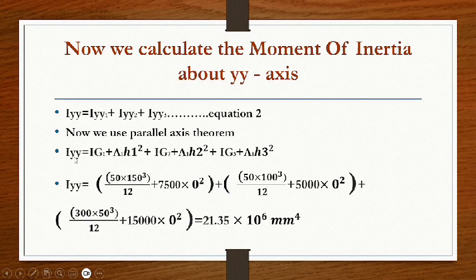Now we calculate the moment of inertia about the y-axis. The formula is Iy equals Ig1 plus area 1 h1 squared, plus Ig2 plus area 2 h2 squared, plus Ig3 plus area 3 h3 squared. Iyy equals db cubed over 12 plus area 1 h1 squared, plus db cubed over 12 plus area 2 h2 squared, plus db cubed over 12 plus area 3 h3 squared.